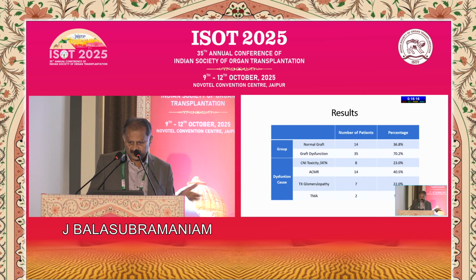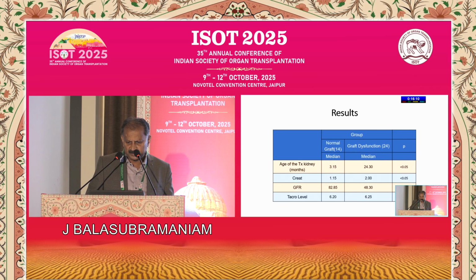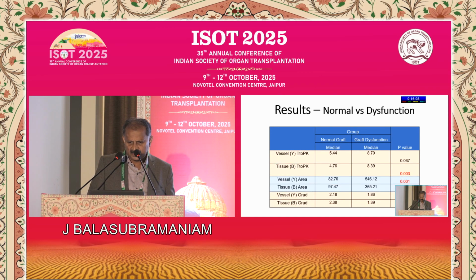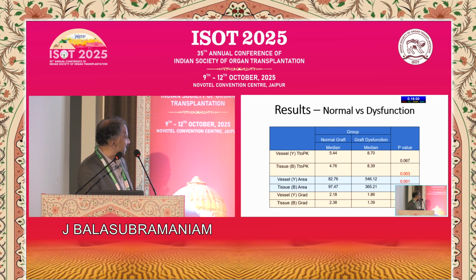And we compared it with normal, and separating abnormal from normal was very easy, not a big deal. You see the results were statistically significant for the time to peak and the area under the curve for the grafts.